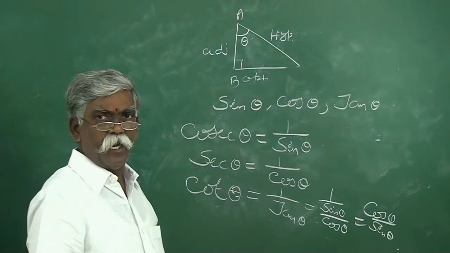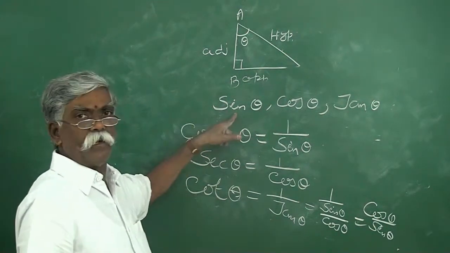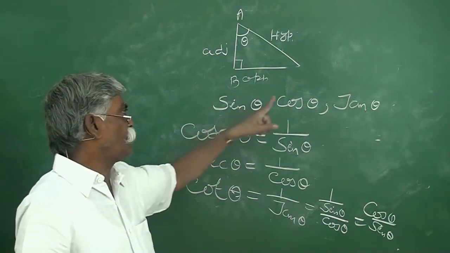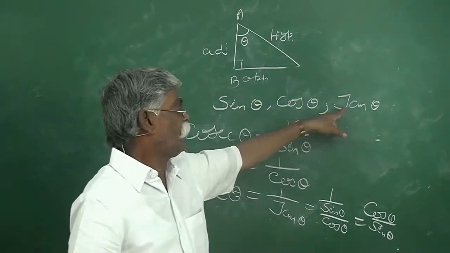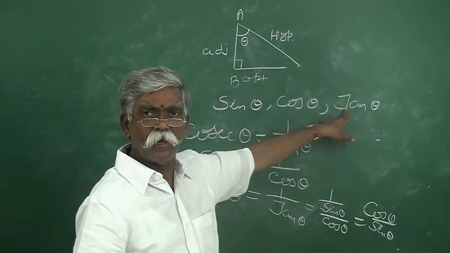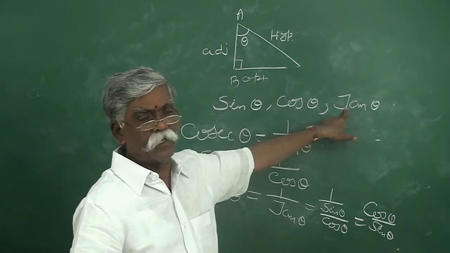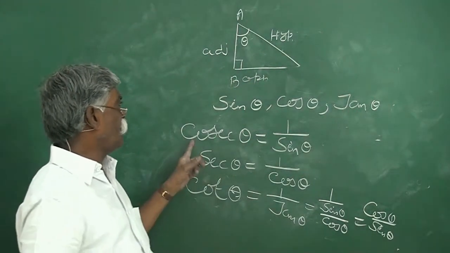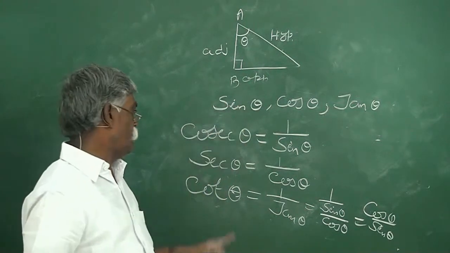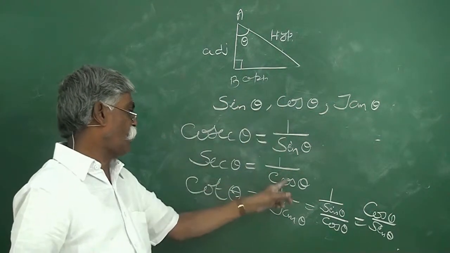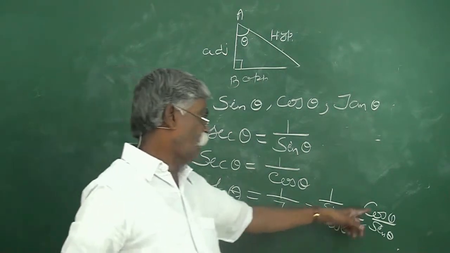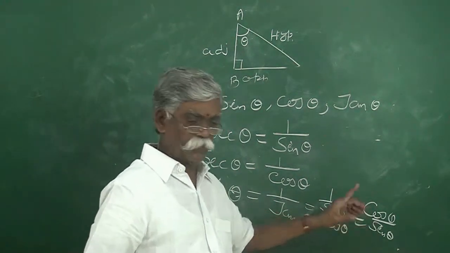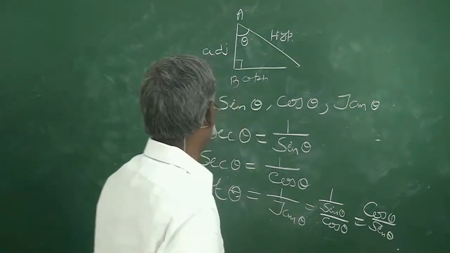So we have to remember carefully that sin theta is opposite by hypotenuse, cos theta is adjacent by hypotenuse, tan theta is sin theta by cos theta or opposite by adjacent. Cosecant theta is the reciprocal of sin. Secant theta is the reciprocal of cos. Cot theta is the reciprocal of tan theta. Hence it is also equal to cos theta by sin theta.